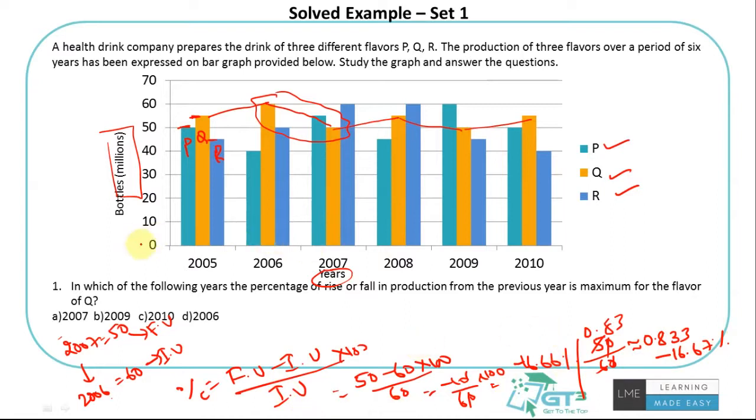So using this logic, what about 2009 over 2008? In 2008 the value is 55. In 2009 the value is 50, right? So the percentage change will be calculated based on, this is my initial value, this is my final value, final by initial.